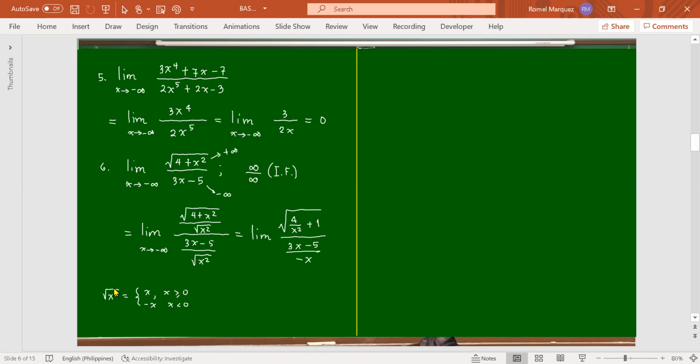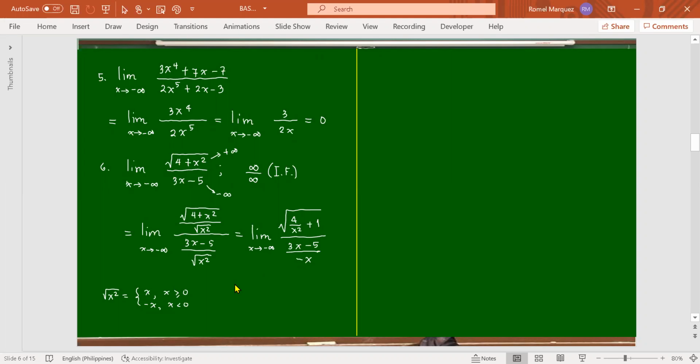This is a positive number, but our x is negative, approaching negative infinity. To maintain that it is positive, it has to be negative of negative. Okay, guys? Is that clear? Yes po. Be careful with the square root.